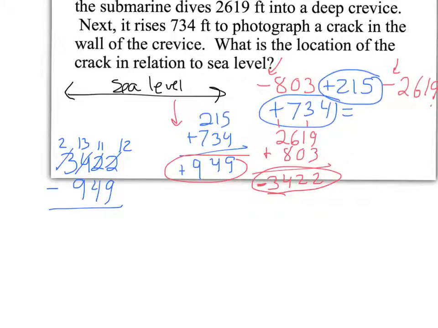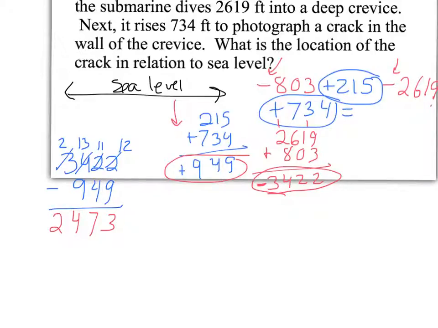I do all my borrowing at the beginning, so that would be 3, that would be 7, that would be 4, and that would be 2.